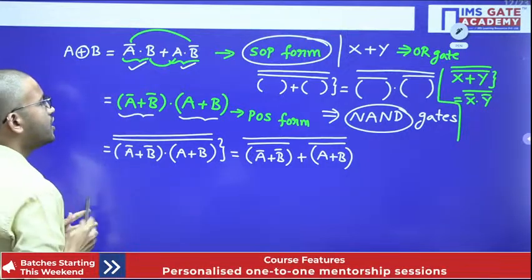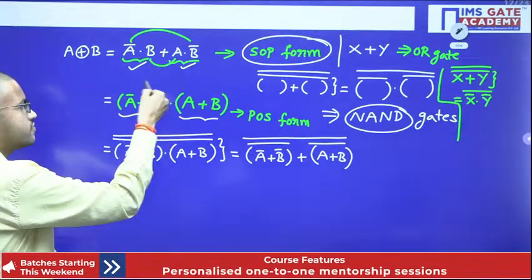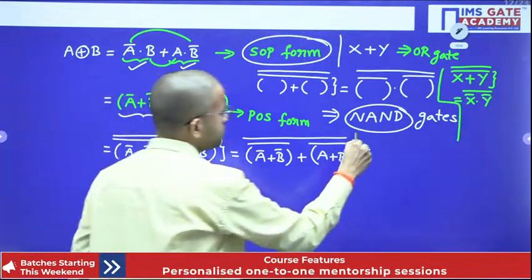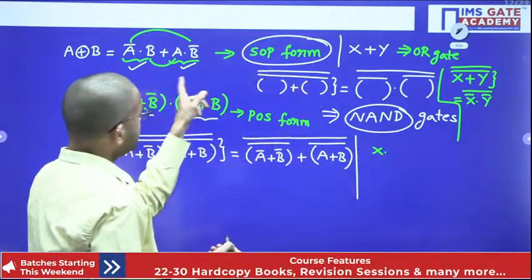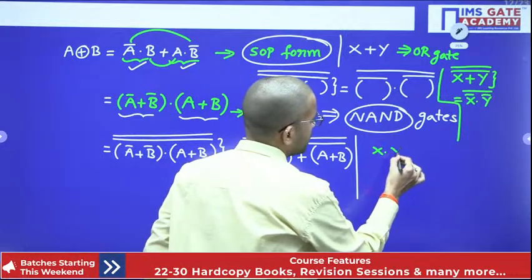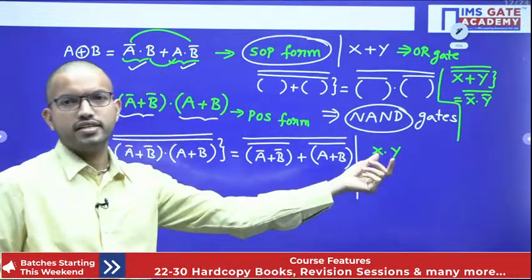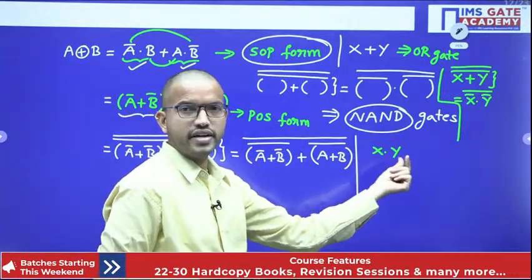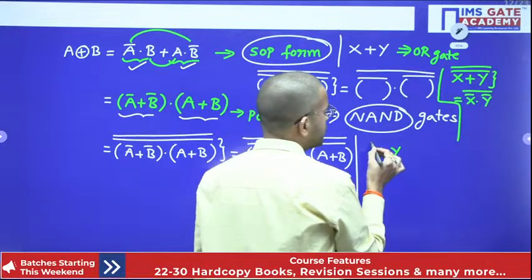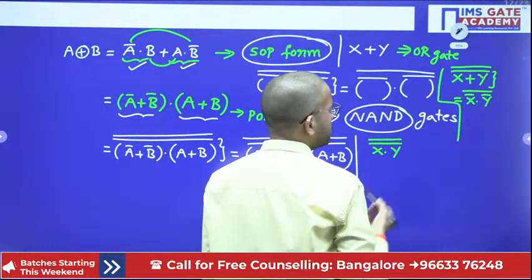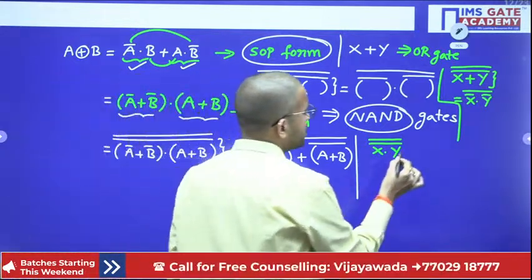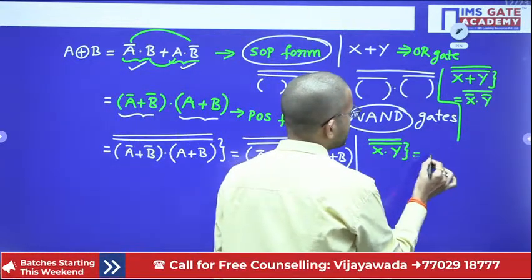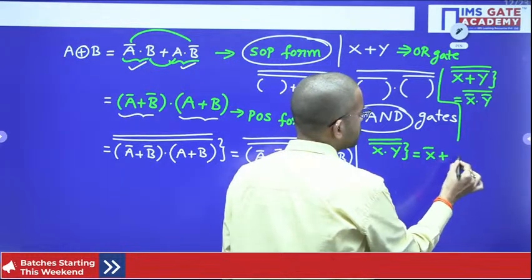Or if you want, you can assume this entire first term is like X and the second term is like Y. Now this belongs to an AND gate, a 2 input AND gate, right? So for the 2 input AND gate, what we have done? We have applied 2 times complement. Our requirement is with the help of NOR gates, so just apply De Morgan's law here: X bar plus Y bar whole bar.